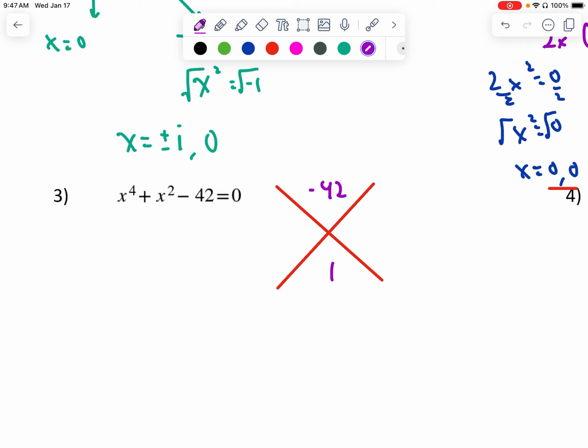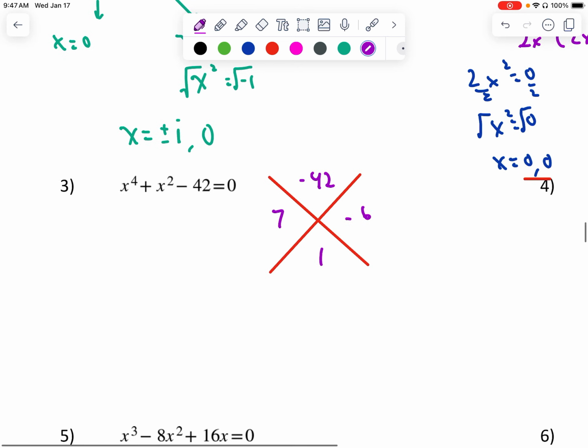And my b is just a 1, so I'm looking for two numbers that multiply to give me negative 42 and add to give me 1, which gives me a 7 and a negative 6. Now I can simplify this in factored form by writing it out as x squared plus 7 and x squared minus 6. Because our a value is 1 here, we can just take this shortcut.